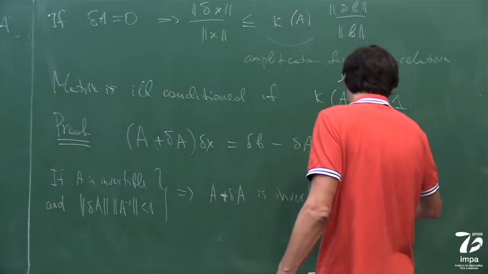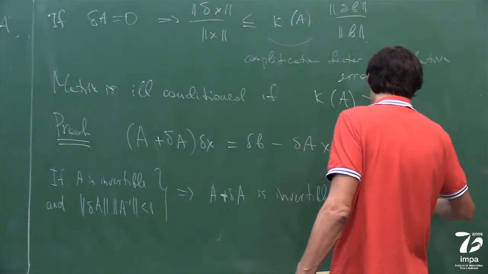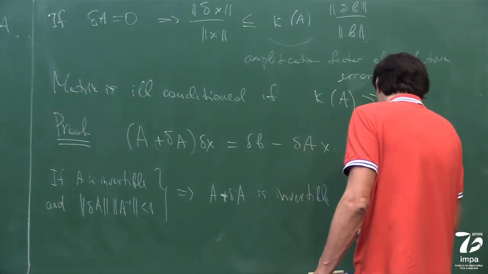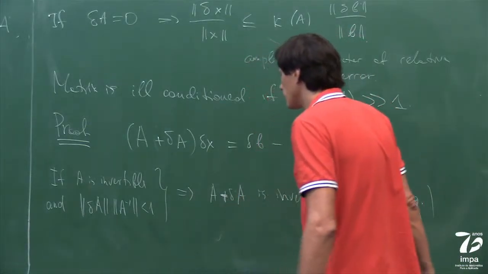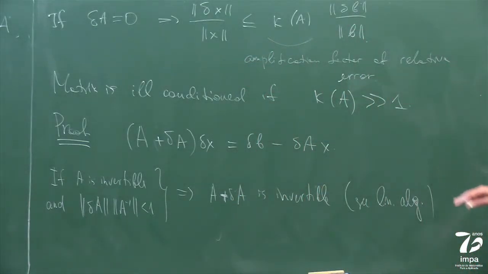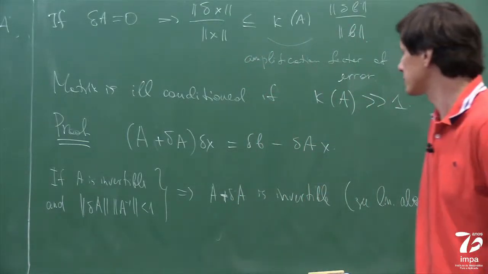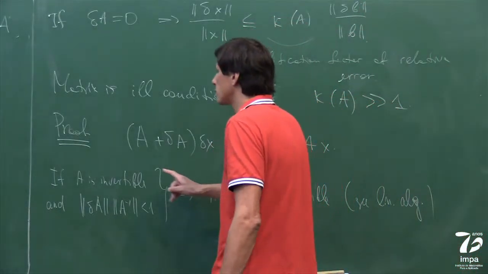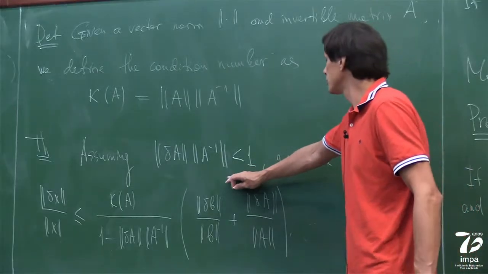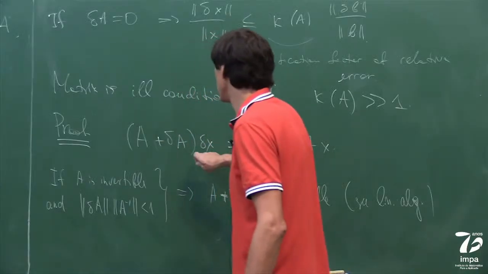So it's linear algebra. It's also in the book. I remember I had it in the course of linear algebra when I was teaching, or even in an exam. So that's a standard thing that you can see in linear algebra. Just try, you can prove it by yourself. It's a good exercise. So it means that the condition that I put in the theorem allows us to solve it. So there is a solution.